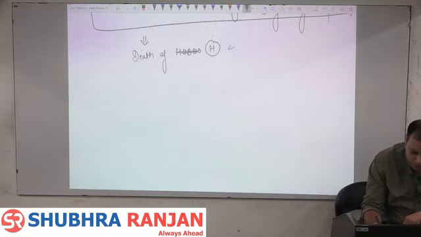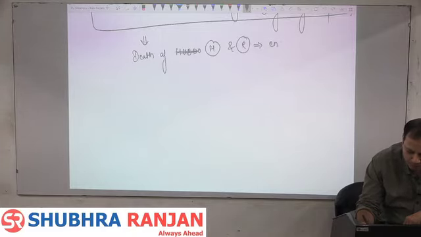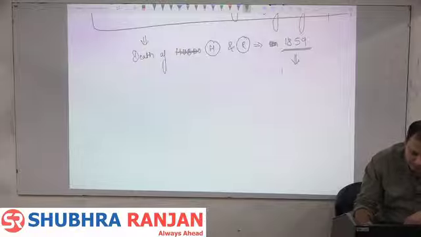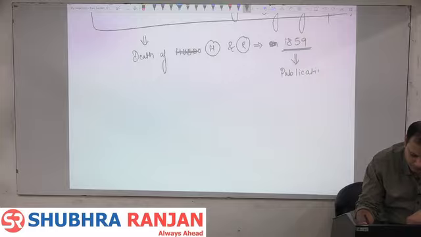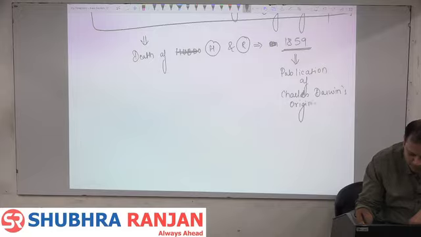H means Humboldt, R means Ritter. Which year? 1859. The same year as the publication of Charles Darwin's Origin of Species.